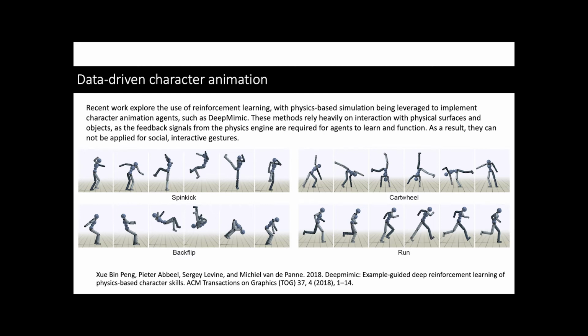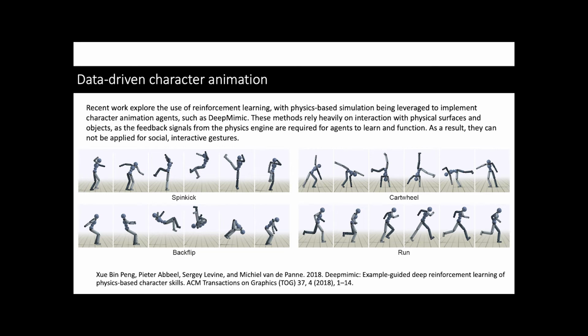Physics-based simulation has been used successfully in conjunction with model-free reinforcement learning to implement character animation agents such as DeepMimic. These approaches have been shown to successfully portray a variety of physics-based skills. But these methods rely heavily on interactions with physical objects and surfaces, because to train agents, feedback signals would need to be obtained from the physics engine.